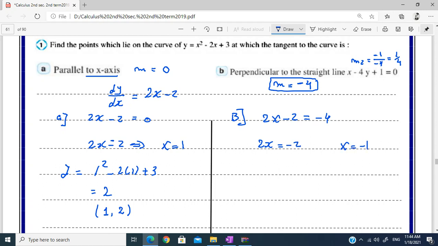By substitution, y equals negative 1 power 2 minus 2 times negative 1 plus 3. So the value will be 1 plus 2 plus 3, which equals 6. So the point will be (negative 1, 6).